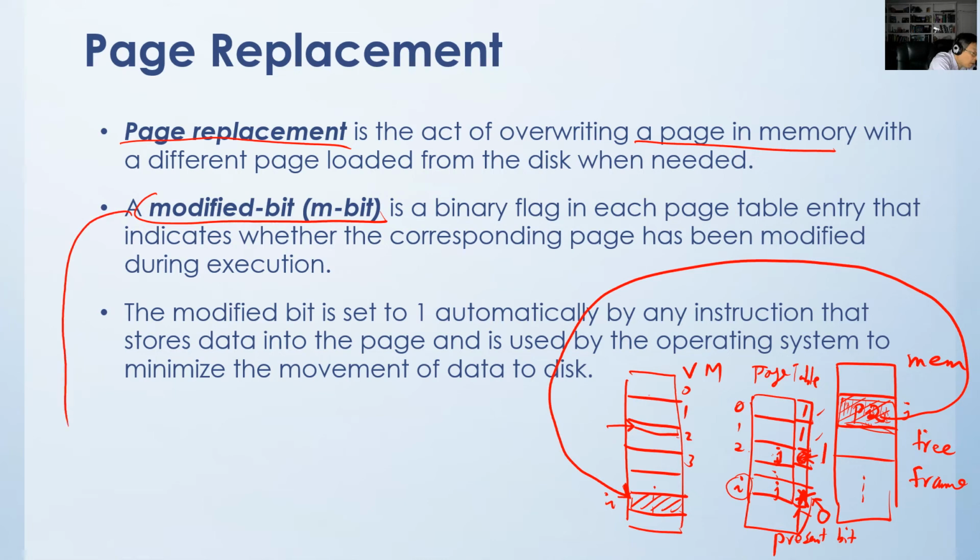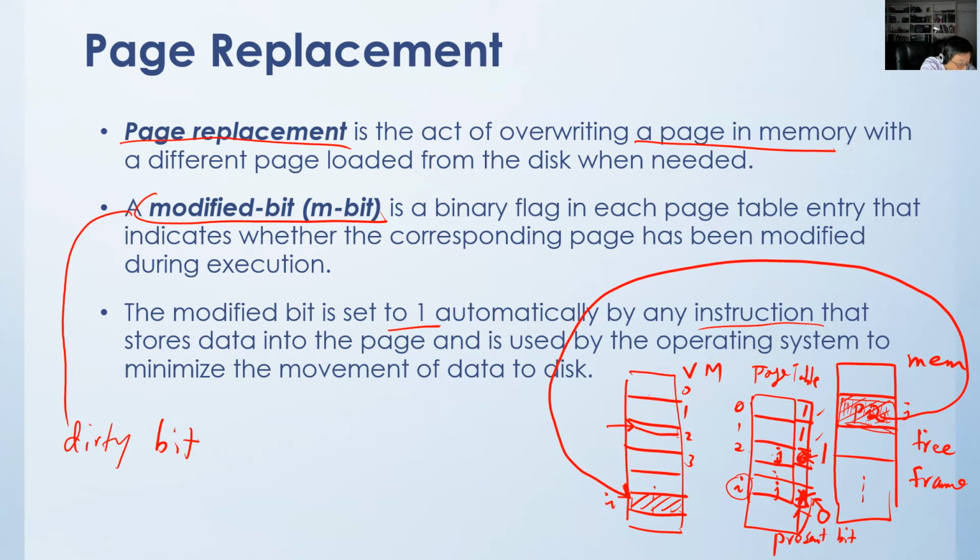The modified bit sometimes is also called dirty bit. Okay. The modified bit is set to 1 automatically by any instruction that stores data into the page, and is used by the operating system to minimize the movement of data to the disk.